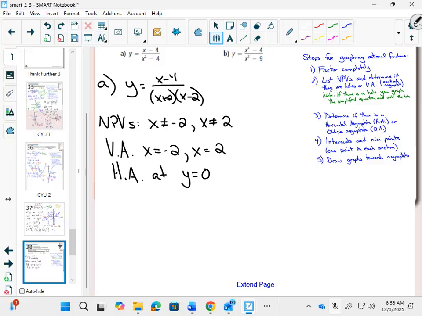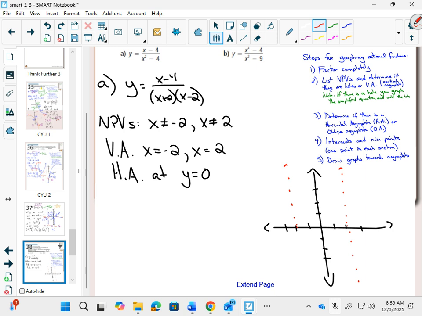And after I've got all of my asymptotes, this is where I start to graph. So vertical asymptotes at 2 and -2, and a horizontal asymptote at y equals 0.